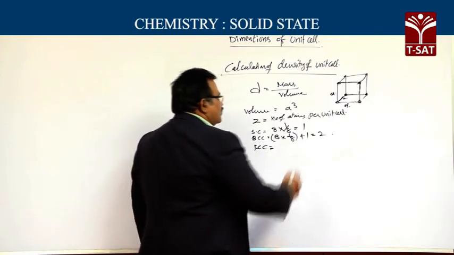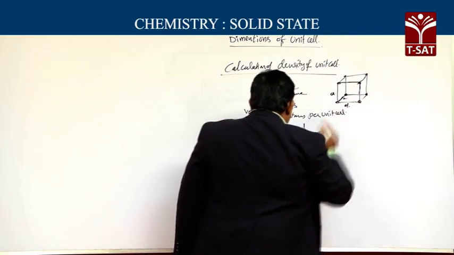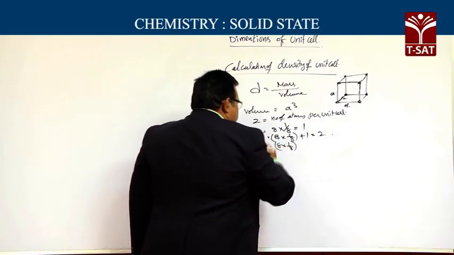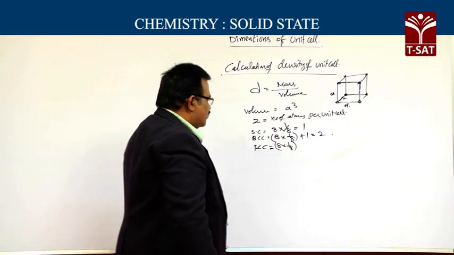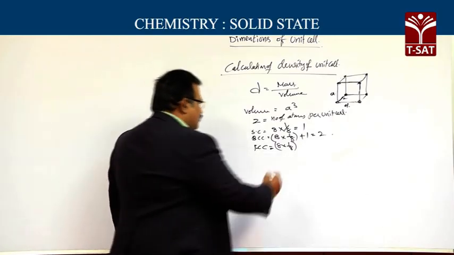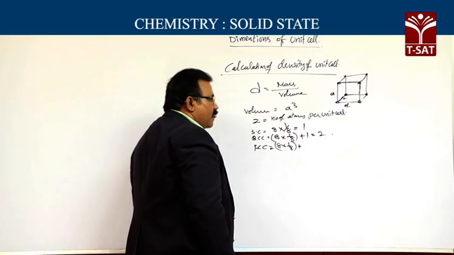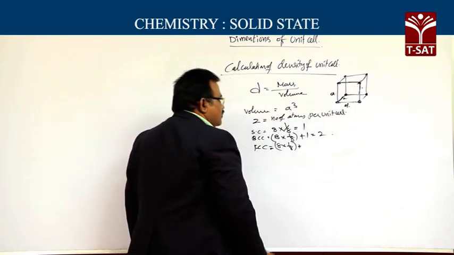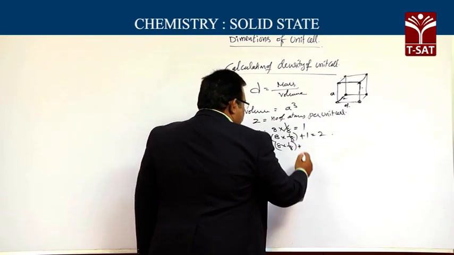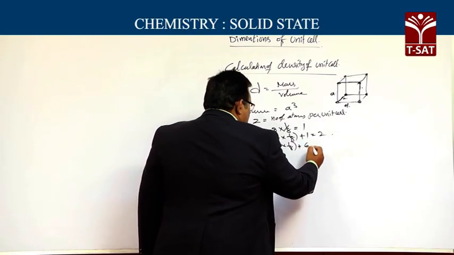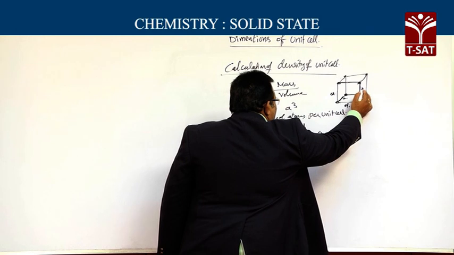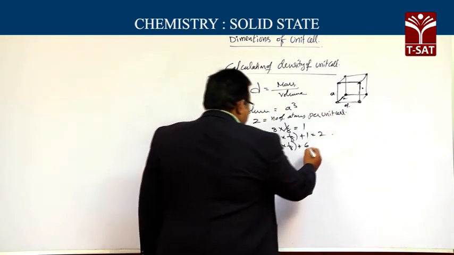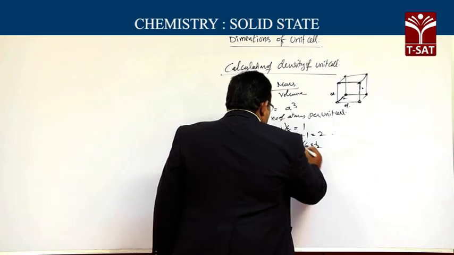For FCC, 8 atoms are present at corners. Its contribution is 8 into 1 by 8. And at face centers, there are 6 faces. The contribution of the atom or ion at a face center is half. So, 6 faces into half.